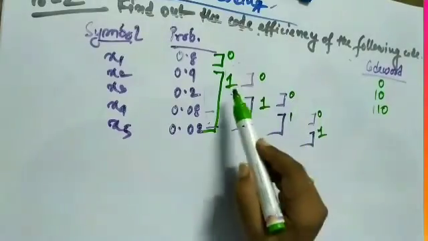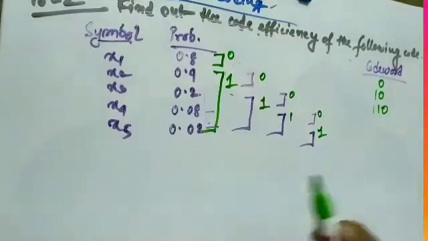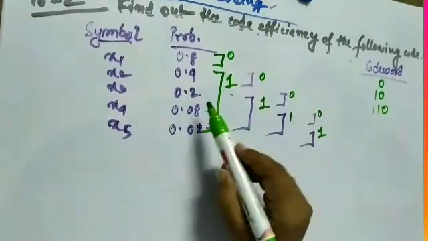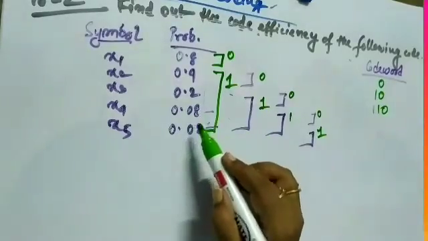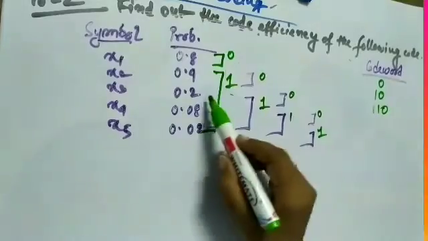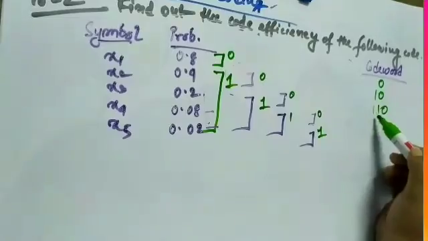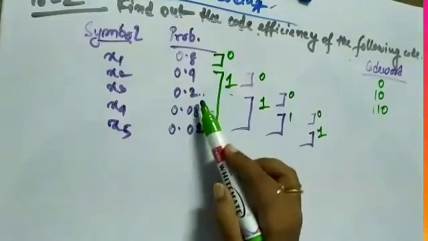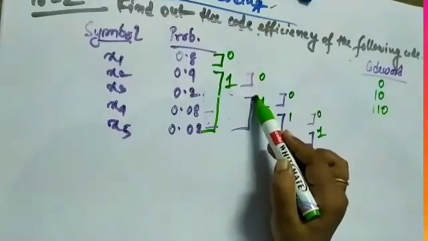So this is 1, 0, 0. Oh, sorry, 1, 1, 0. Now 0.2 is denoted here. For 0.08 it is 1, 1, 1, 0. This 0.2 is denoted as 1, 1, 0. Note that this 0.2 is subdivided as here, then here.